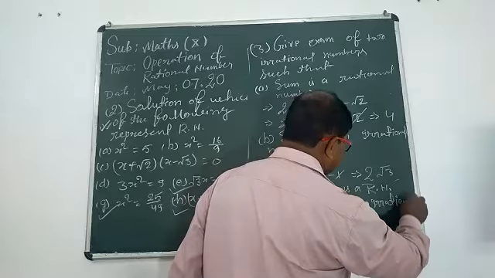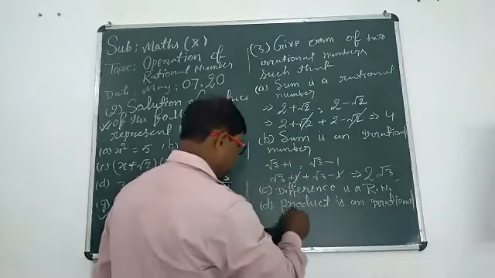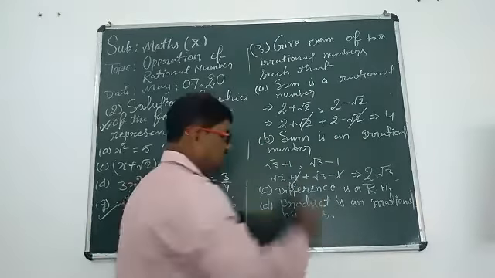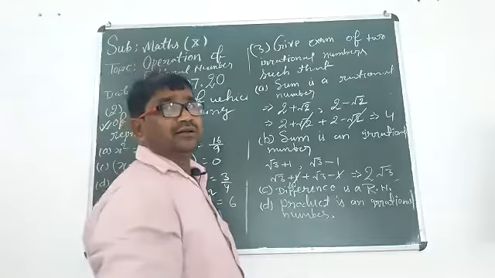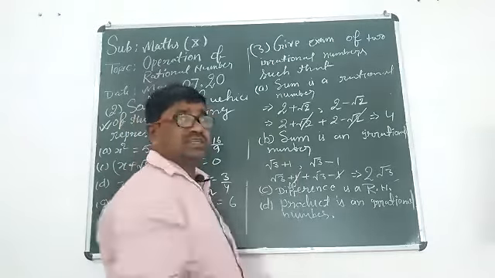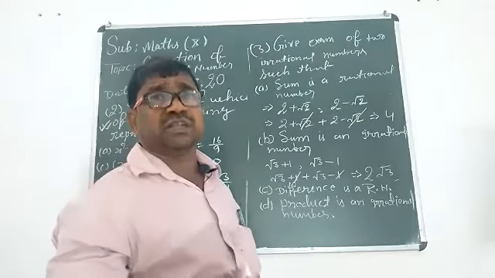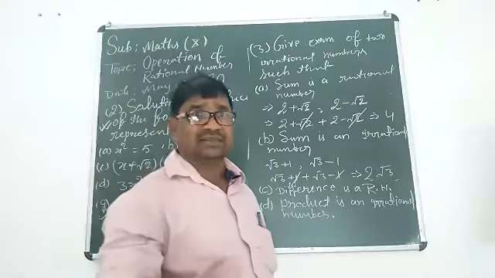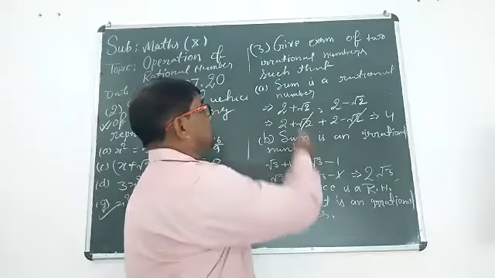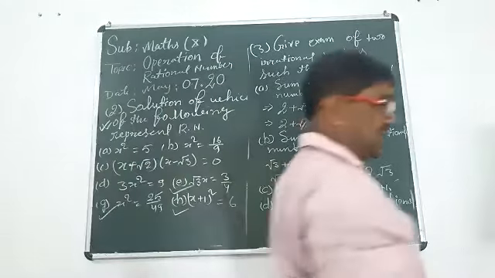Product is an irrational number, etc. Okay? You can frame so many questions. Product, difference, quotient, okay, etc. In this branch of question, you can adjust.